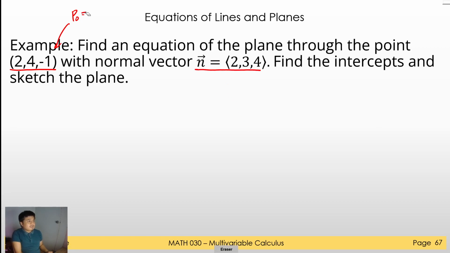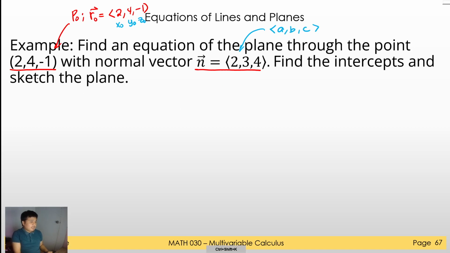We can write p sub 0 as the r sub 0 vector, which is (2, 4, -1), basically your x sub 0, y sub 0, and z sub 0. And for the orthogonal vector, we represent it as a, b, and c.